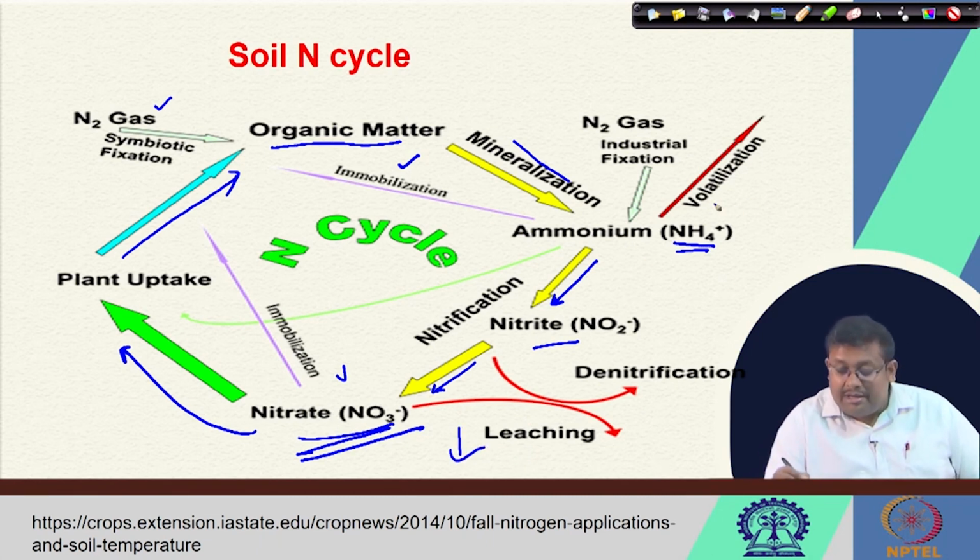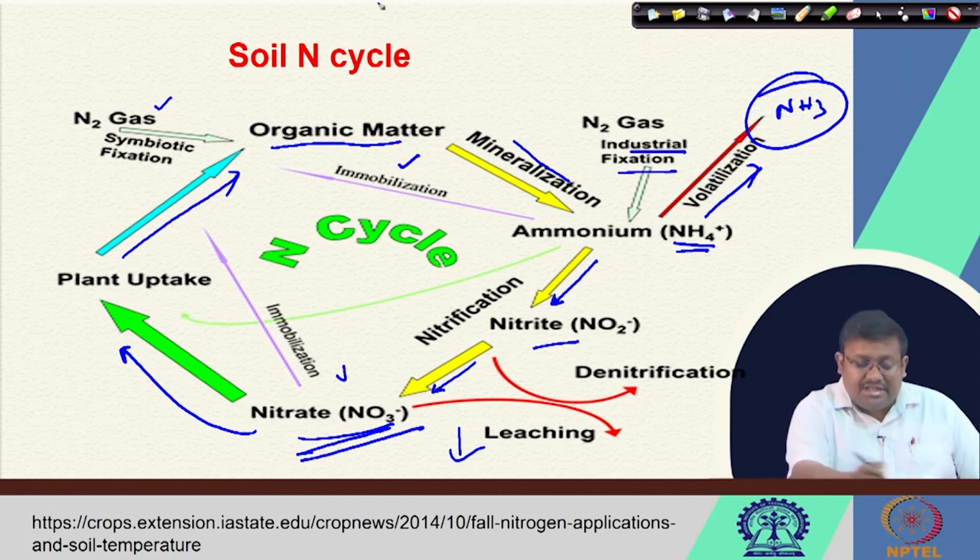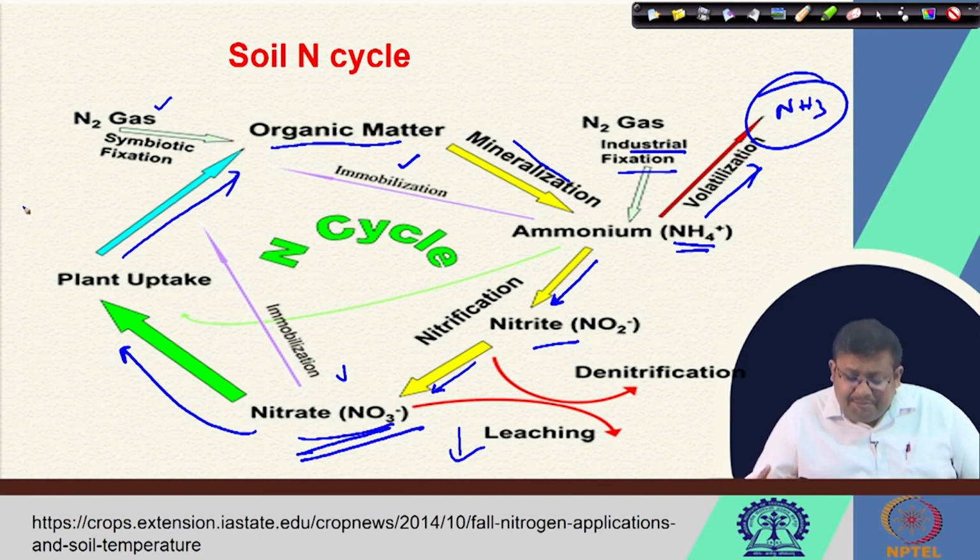And ammonium ion, depending on the soil pH, gets also released into the atmosphere as ammonia gas, and this is known as the ammonia volatilization process. And this ammonium ion is also contributed by different types of industrial fixation. So, this is showing the snapshot of the soil nitrogen cycle.